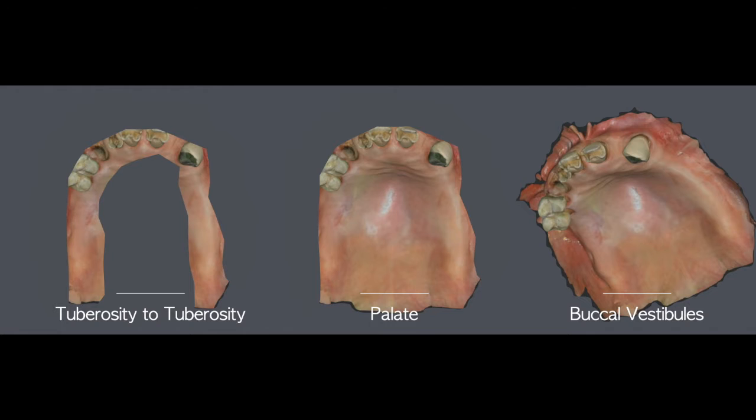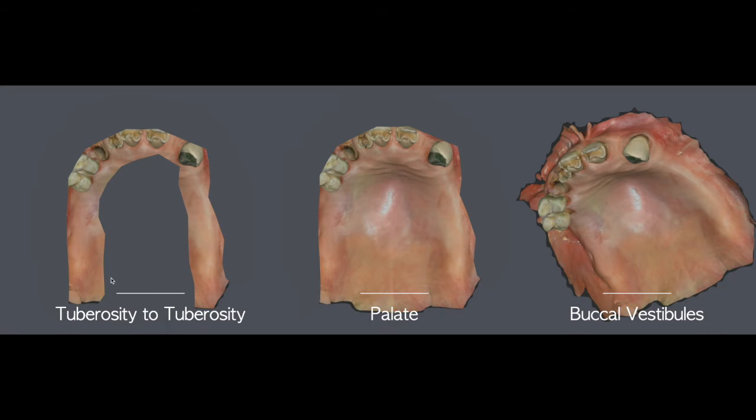When you scan a partially or fully edentulous arch, you need to follow a very specific sequence to accomplish a good scan. For the maxillary scan, you start from the tuberosity to the other side of the tuberosity.